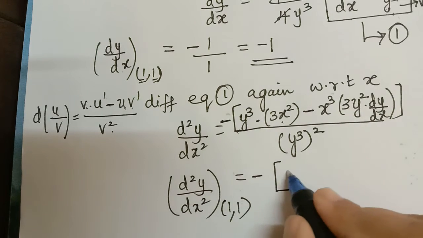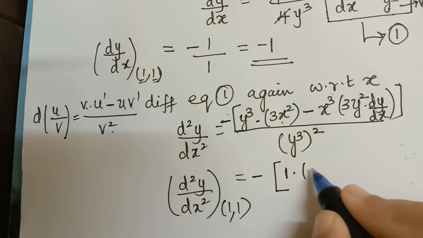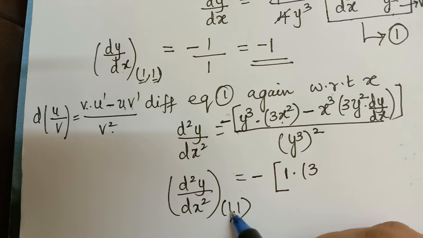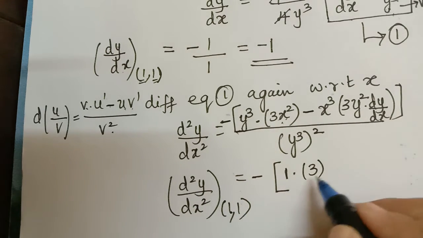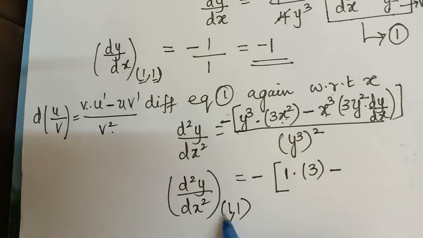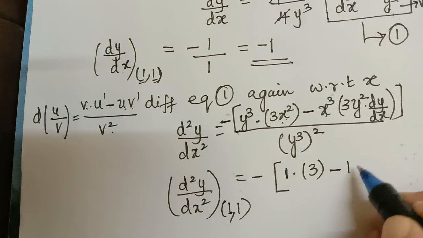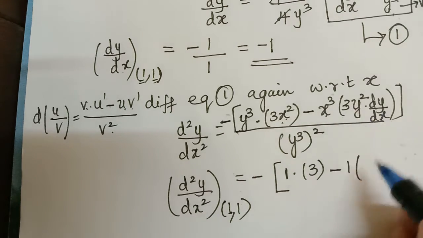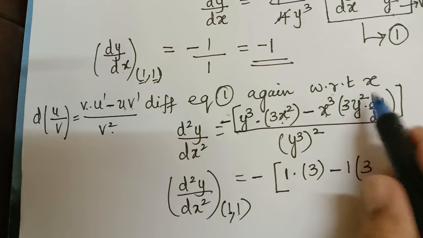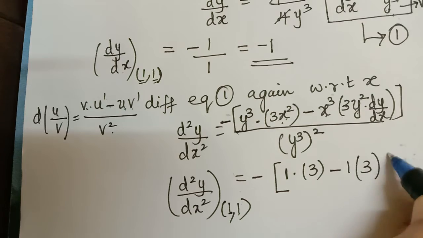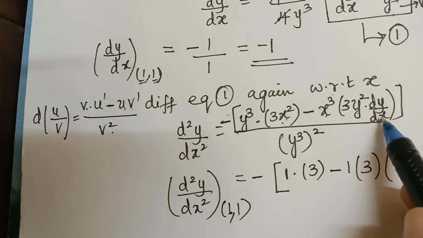So 1 cube will be 1 only, multiplied with 3x square. x is also 1. So 3 into 1, it will be 3 only. So minus x cube, x is 1, so 1 multiplied with 3y square. So 3 multiplied with y is 1, so 1 square will be 1 only. And we have to write dy by dx.